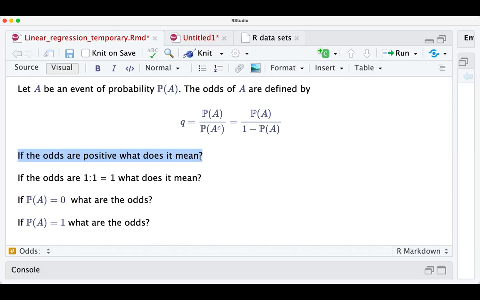Sorry, if the odds are in your favor, they are greater than 1. So greater, like for instance, 2 to 1.